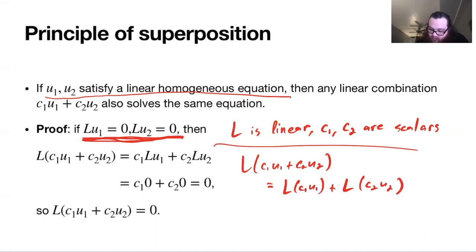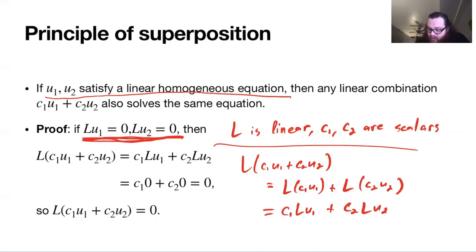Okay, so great. c1 is a scalar and L is linear, which means we can pull the scalar out. Likewise, c2 is a scalar and L is linear, so this scalar can get pulled out. So this is equal to c1 L applied to u1 plus c2 L applied to u2.